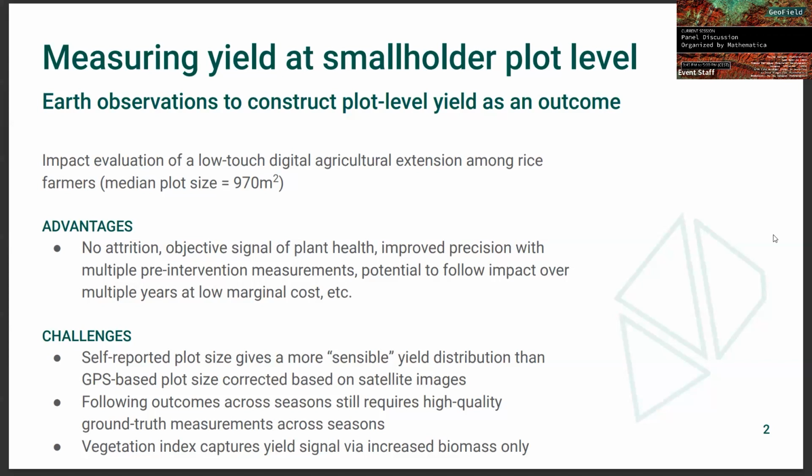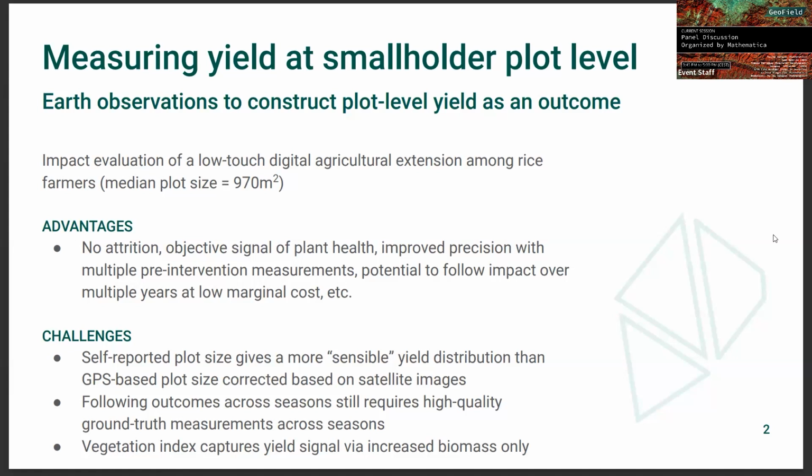I think one inherent challenge of using satellites for yield measurement in evaluations is that the vegetation index captures yield signal only through biomass. But increased biomass is not the only mechanism through which farmers can increase yields, right? So, for example, my understanding is that even improved seeds sometimes could increase yields without increasing biomass. So that wouldn't be captured by satellites, right?